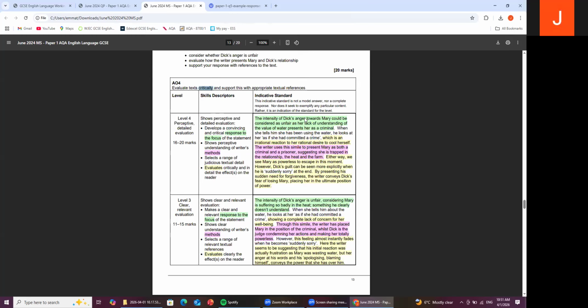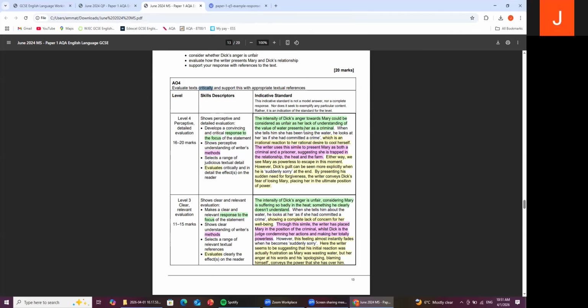So: the intensity of Dick's anger towards Mary could be considered unfair, as her lack of understanding of the value of water presents her as criminal. So a really developed, really unpicked and really critical point made by the student there. That's really exciting and engaging from an examiner's point of view. It's like, right, I want to see how you can break this down and develop that. What are you going to say?